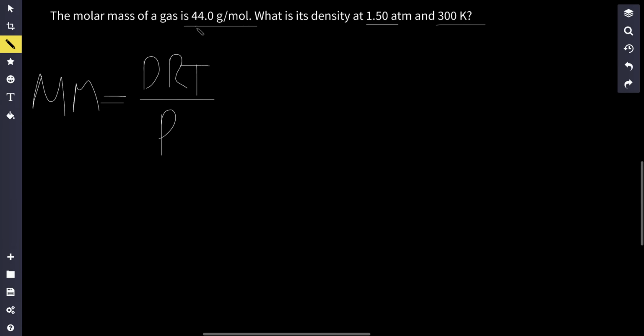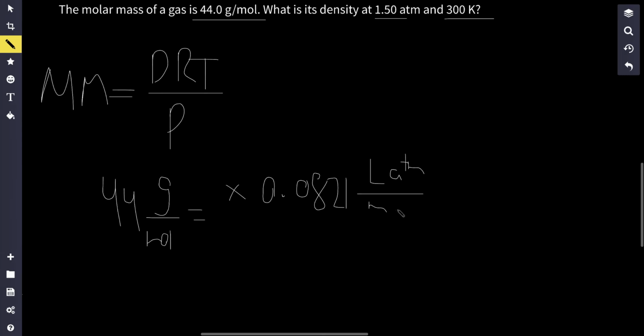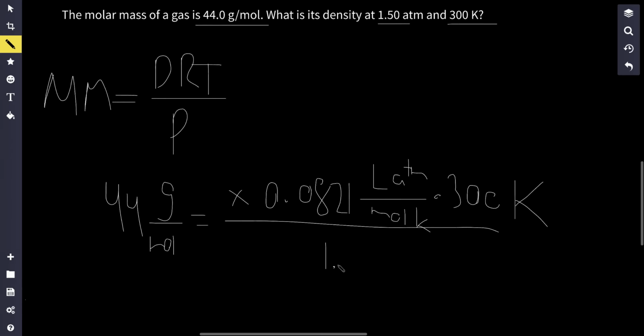Now, we could just substitute it in. So 44 grams per mole is going to be equal to the gas constant, in liters atm per mole Kelvin, multiplied by 300 degrees Kelvin, and this is going to be divided by the pressure, which is 1.50 atm.